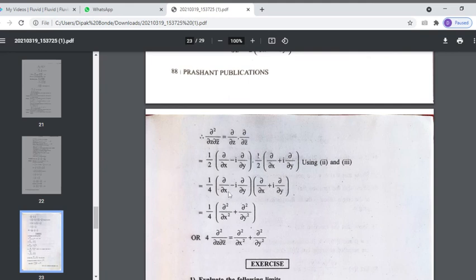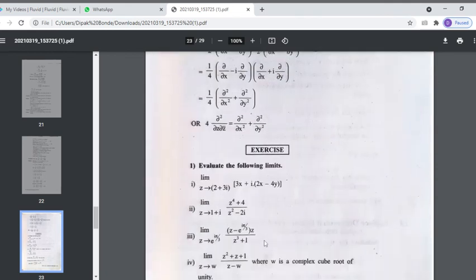Taking multiplication, we get 1 half into 1 half, 1 by 4, and this is nothing but the sum of squares: del square by del x square plus del square by del y square. So 4 del square by del z del z bar is equal to del square upon del x square plus del square upon del y square.